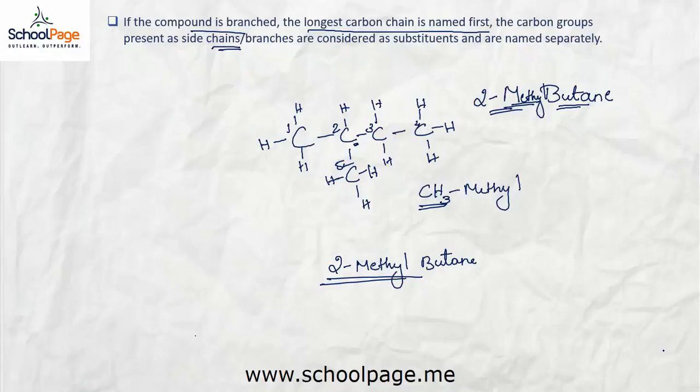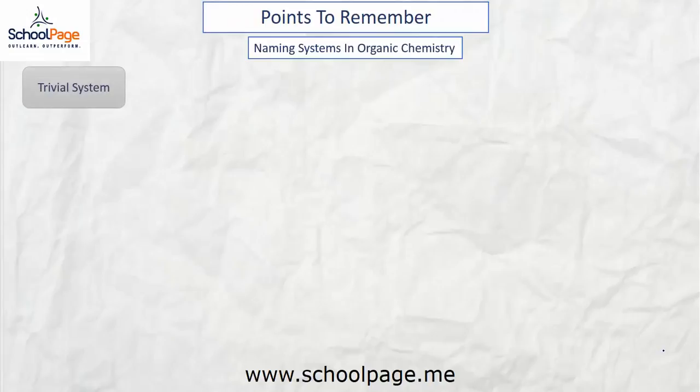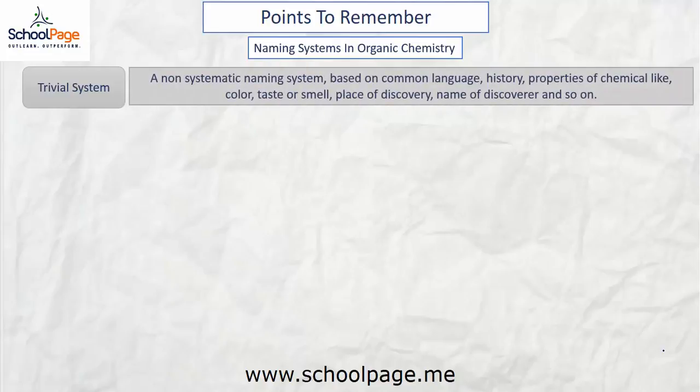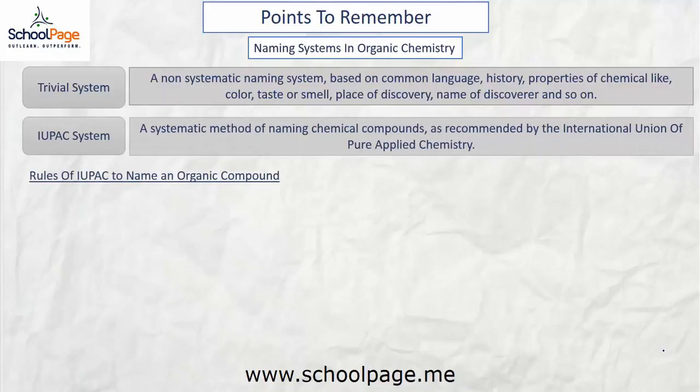So let's have a quick recap of the different naming systems in organic chemistry and the rules laid down by IUPAC. There are two naming systems in organic chemistry, the trivial system and the IUPAC system. So these are some of the rules laid down by IUPAC.